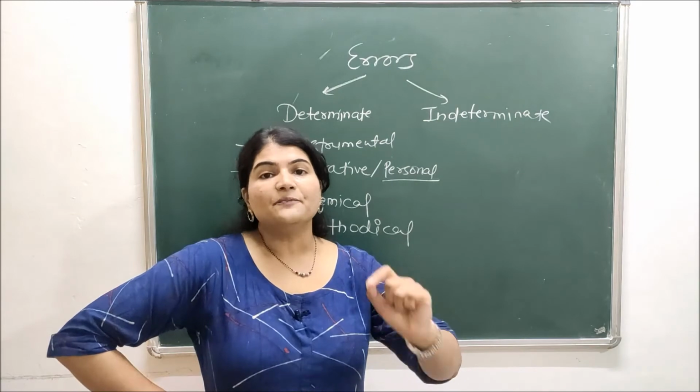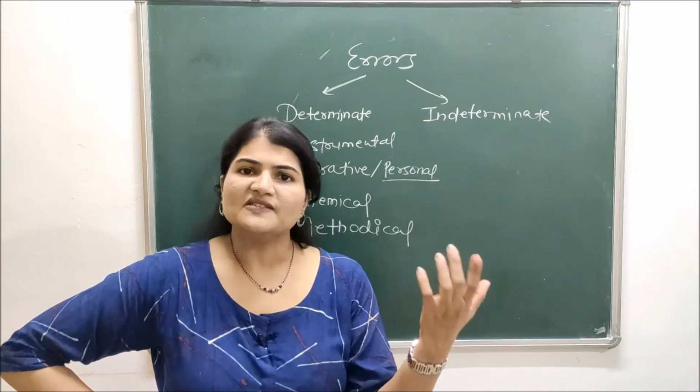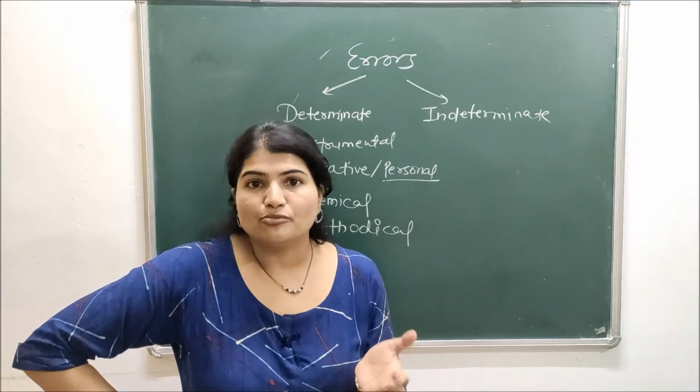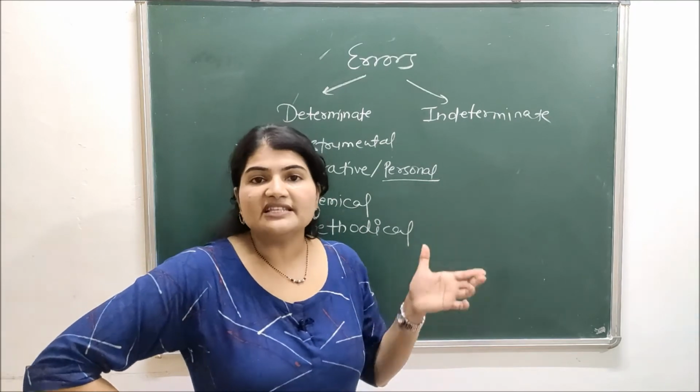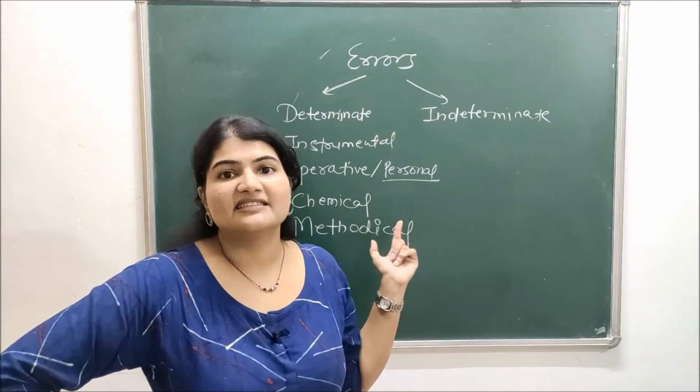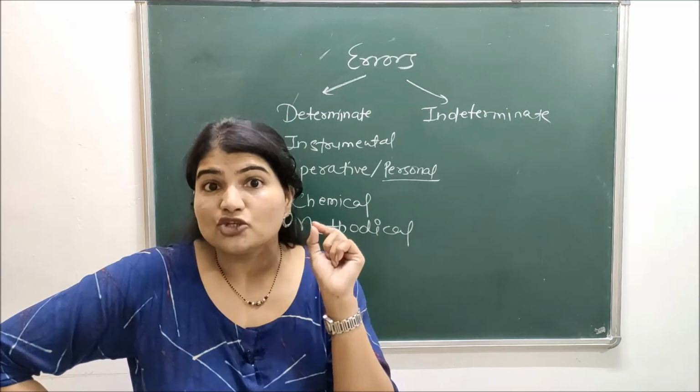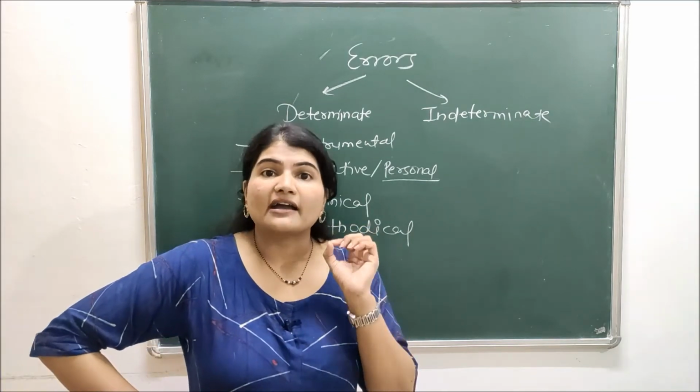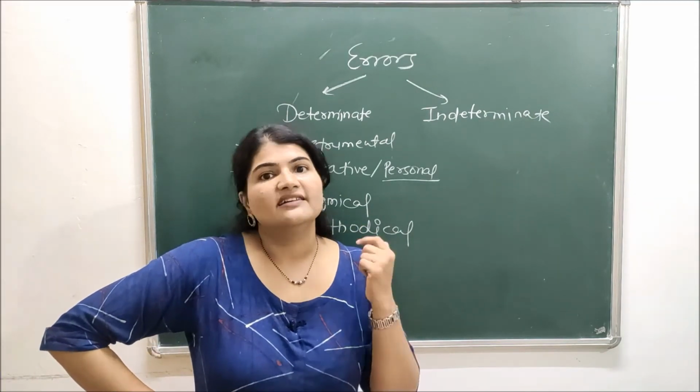Certain methods are inadequate for measurement of certain properties. So we have to be very sure before selecting the method for analysis that the particular method which we are choosing will give us actual and correct results.